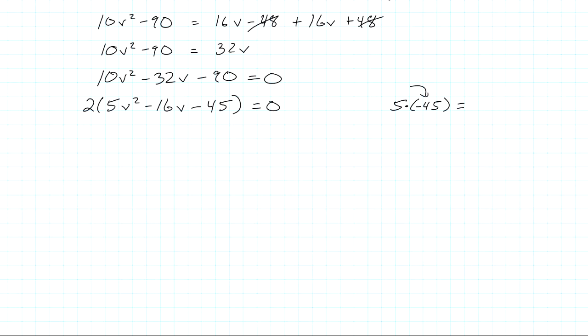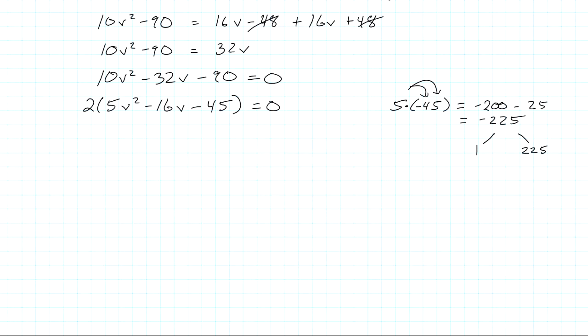We've got 5 times 40 is 200. And then 5 times 5 is 25. And this is all going to be a minus. So this is going to be negative 225. 5 times 45 is minus 225. And we want to find factor pairs of this that add to negative 16.